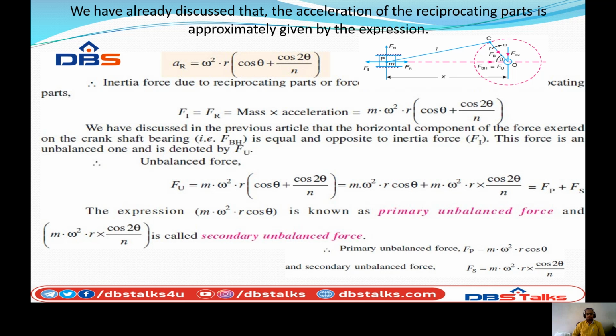By writing these as two terms, the expressions are called primary and secondary unbalanced forces. So m omega square r cos theta is the primary unbalanced force, and m omega square r cos 2 theta by n is called the secondary unbalanced force. This is the formula we need to remember while solving problems. Directly we can substitute this in the problem.